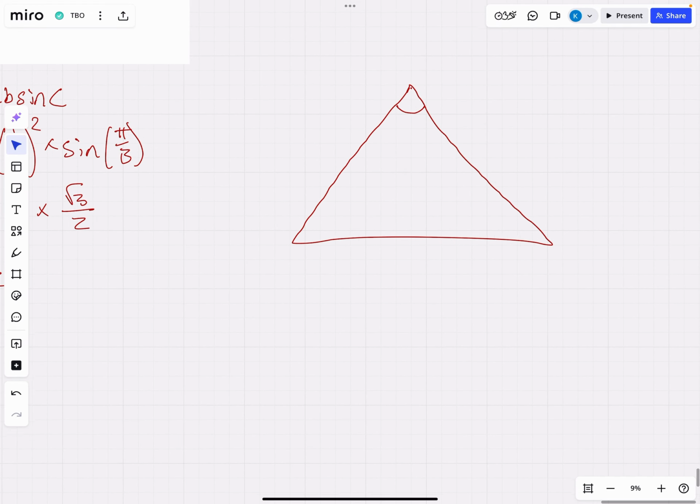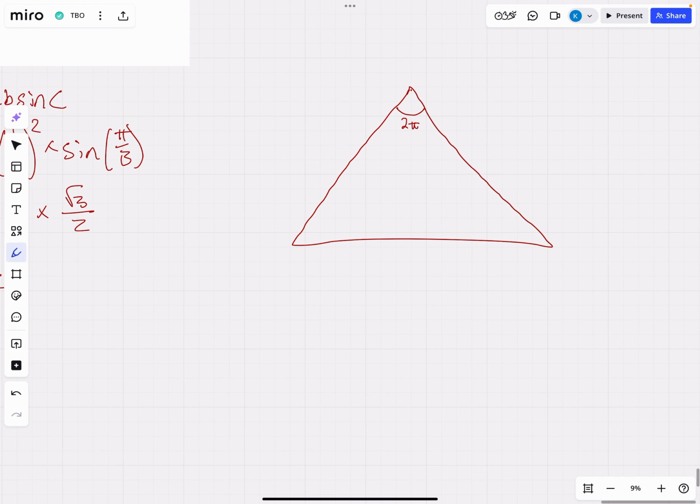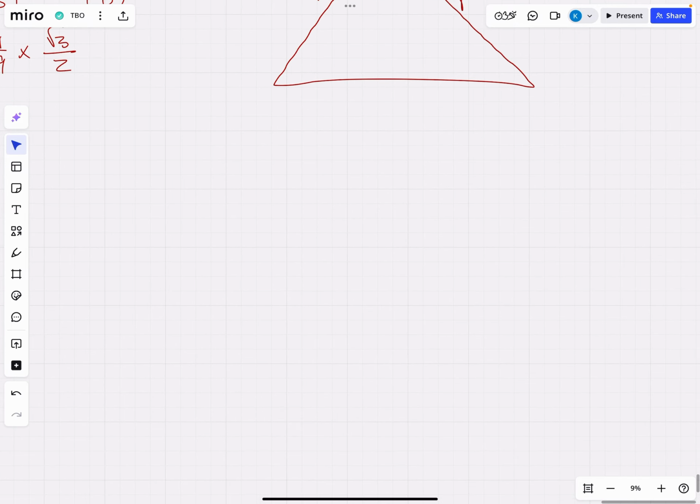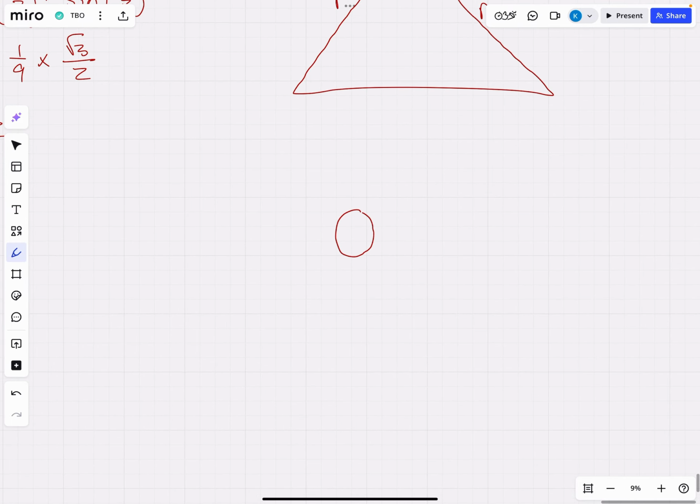I know that this angle here is going to be 2 pi over n, right? And I'm going to call this length r, I'm going to call this length r. Because I essentially have 2 pi that represents an entire circle, and I have n edges around my circle that are equally spaced.